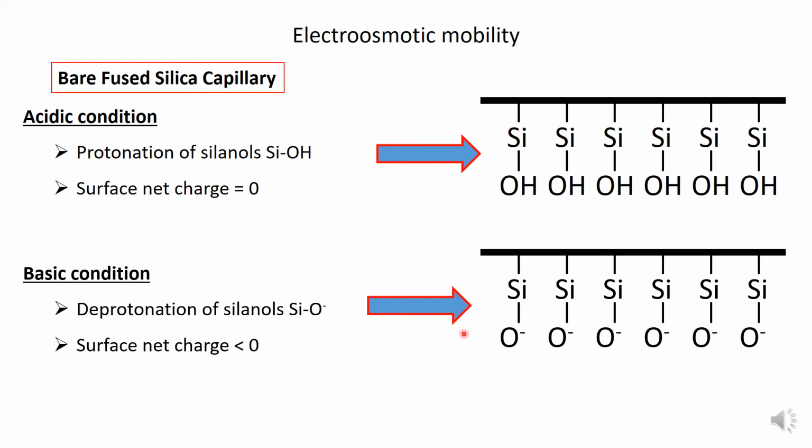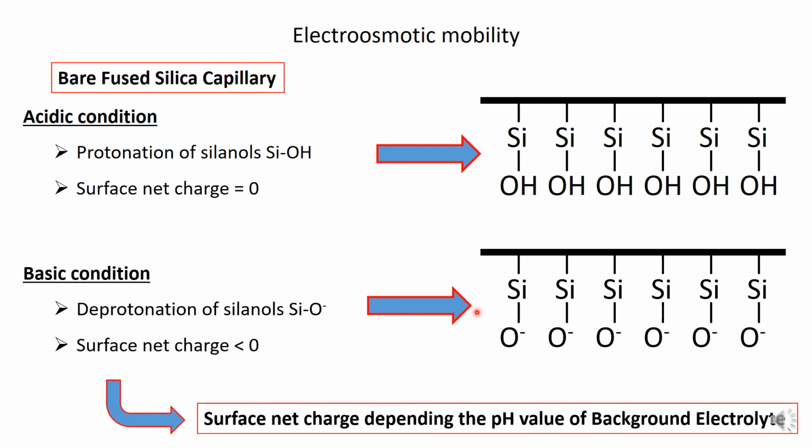And then it changes everything on the inner surface of the capillary, because now you have a different equilibrium on the inner surface of the capillary. So the surface net charge depends on the pH value of the background electrolyte, and you will see that this pH value is very important to control this phenomenon.